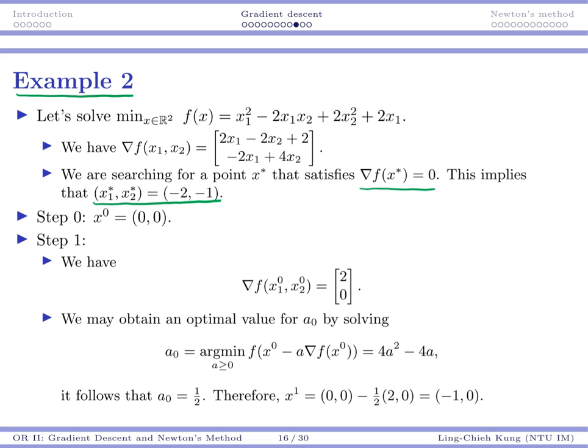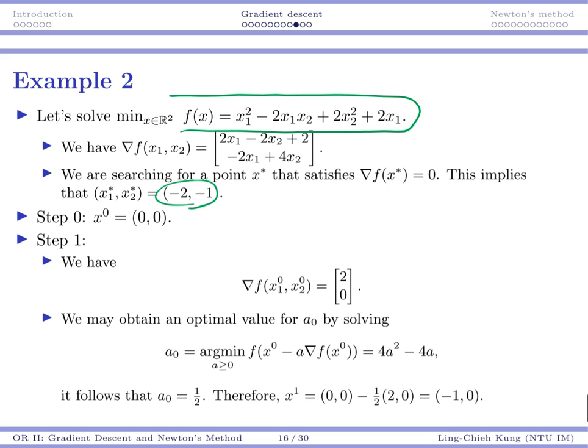So this can be done, and later we will show you how the search process eventually converges to this first order point, okay? In fact, we may show you that this (-2, -1) is indeed globally optimal for this particular f function.